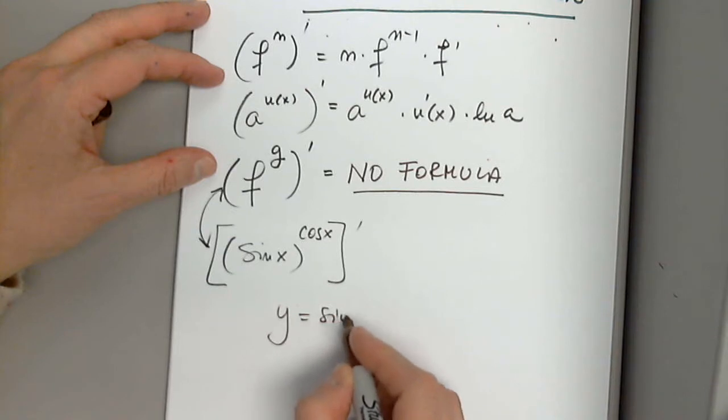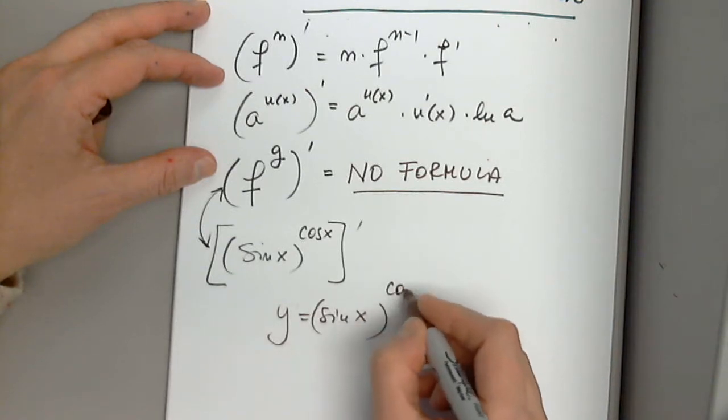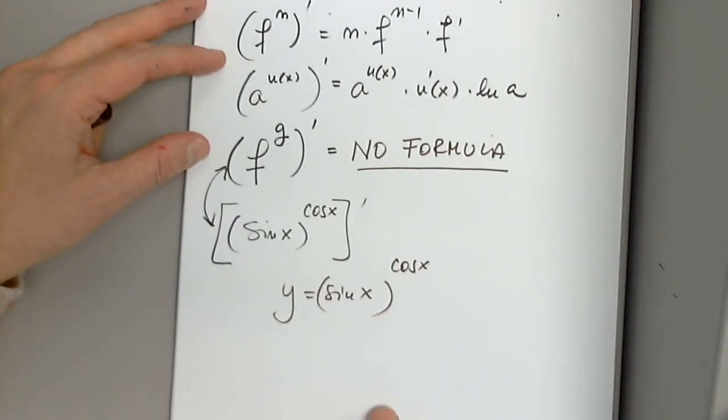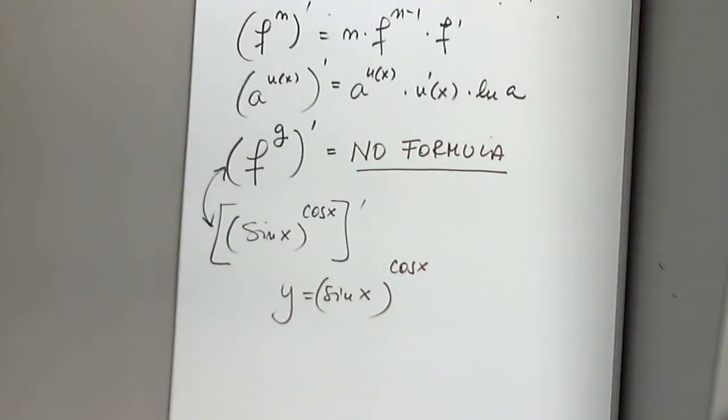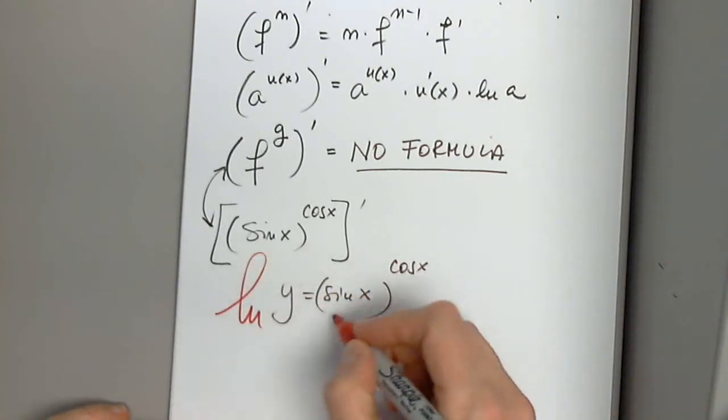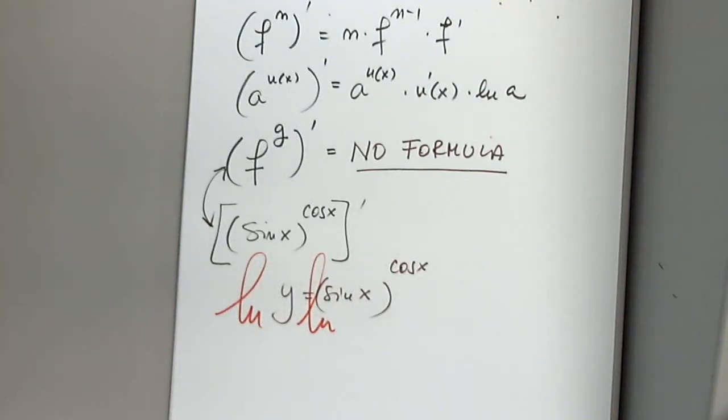y equals sine x raised to cosine x. We are going to apply natural log to both sides. So if I say to you, two numbers are equal, 2 equals 2, then natural log of 2 equals natural log of 2.